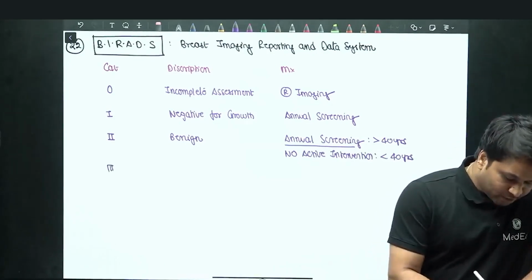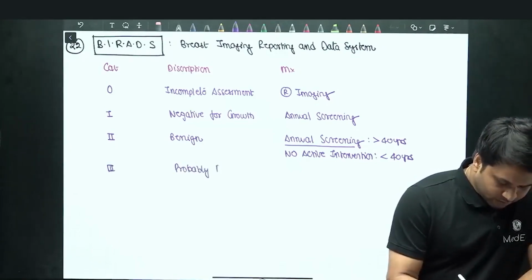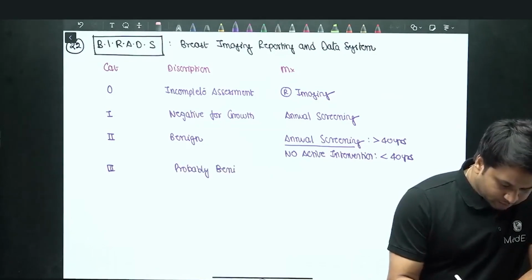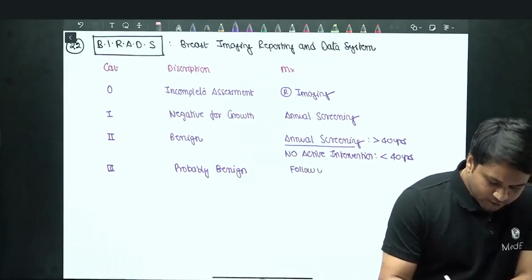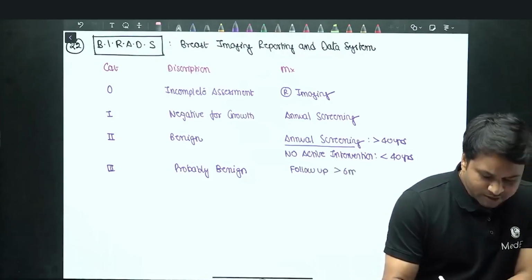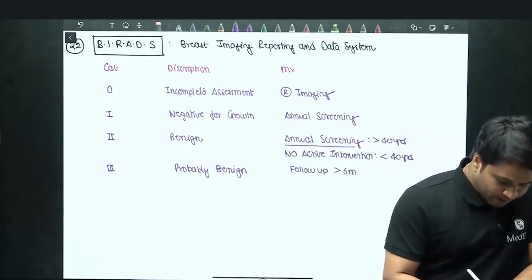Category 3, it is probably benign. For a probably benign, I'll ask the patient to come back for follow-up, but this is your exam question because the follow-up is after 6 months, not after 1 year, as we do it for the rest of the other categories.